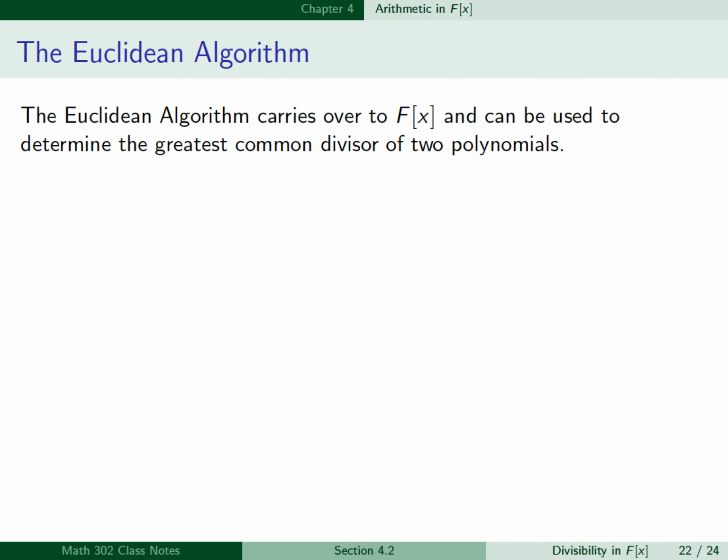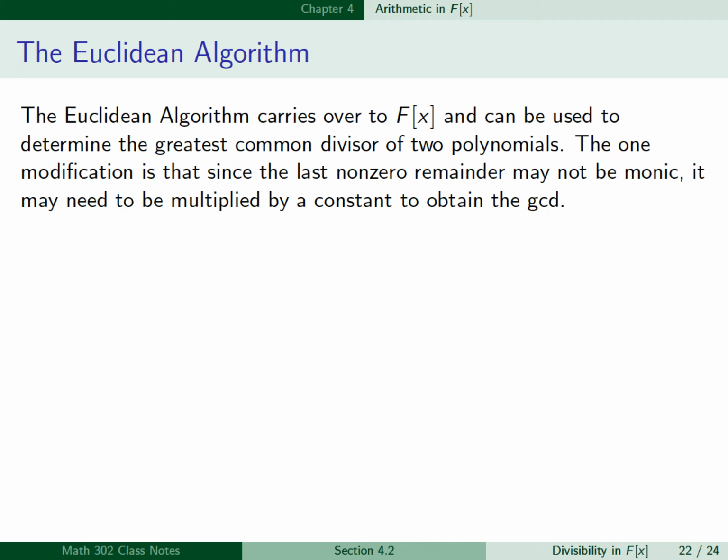Next, we want to look at the Euclidean algorithm. The Euclidean algorithm carries over to F bracket x and can be used to determine the greatest common divisor of two polynomials. The one modification is that since the last non-zero remainder when applying the algorithm may not be monic, it may need to be multiplied by a constant to obtain the GCD, since by definition the GCD is a monic polynomial.